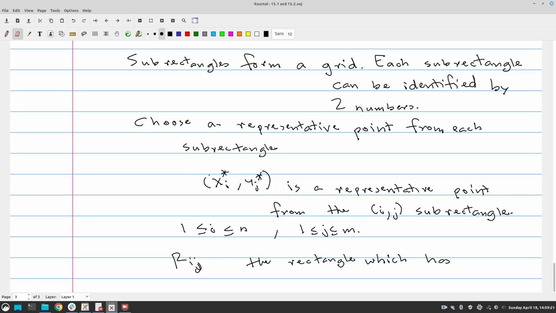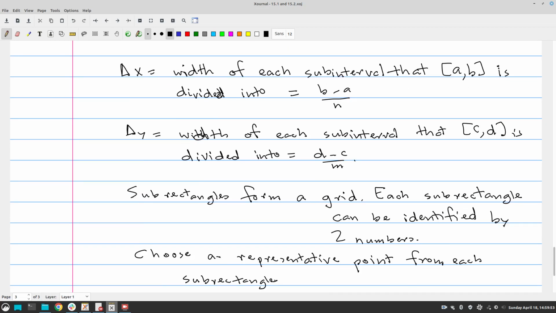Actually, it's the rectangle which has xi star and yj star as its representative point.